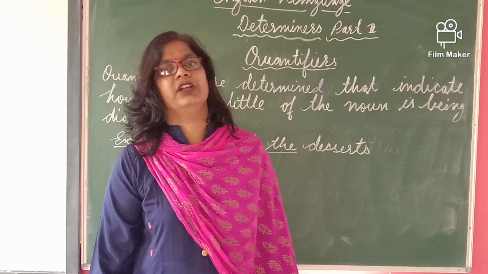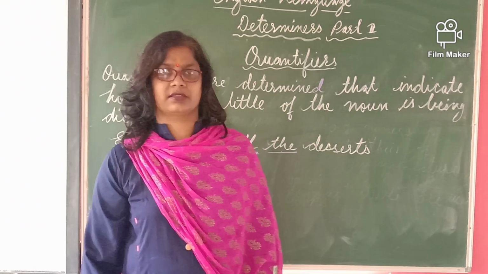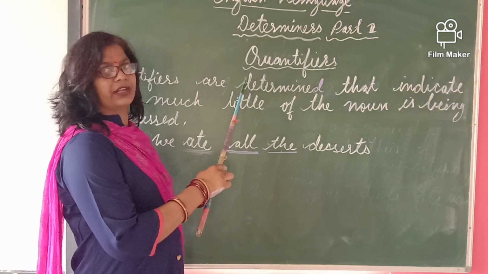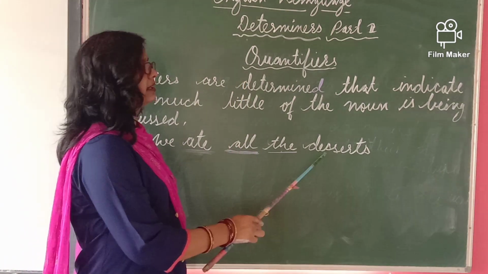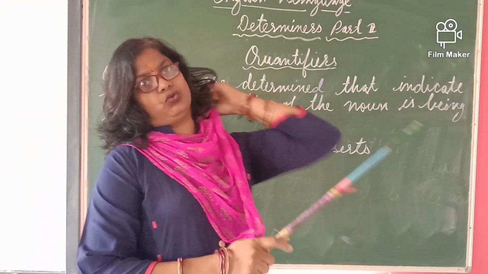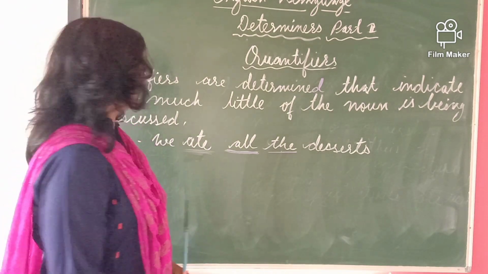Later on, we will discuss where and how we put two determiners. First, we will see all. All is under quantifiers. All the desserts, it is showing the quantity of the desserts.